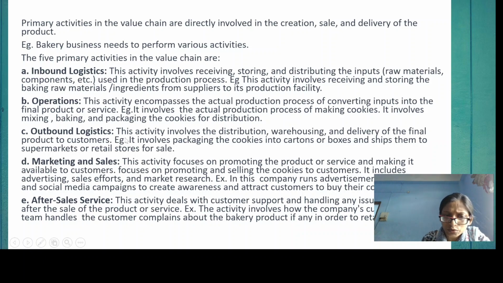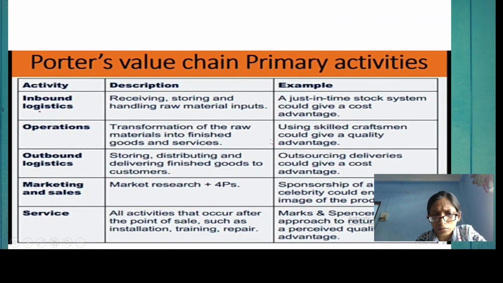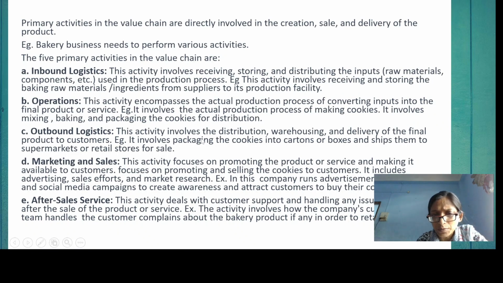For example, here we have to ensure that the packaging should be good, so that in the process of delivering this product to the customer, it will not get affected by any sort of handling problems, so that the customer will get the product in very good condition without compromising the quality and other aspects.